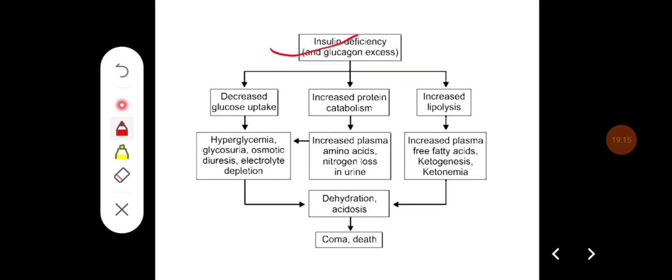In insulin deficiency or in glucagon excess, there will be decreased glucose uptake, which leads to hyperglycemia, glycosuria, osmotic diuresis, and electrolyte depletion. They lead to increased protein catabolism, which increases plasma amino acids, and there will be nitrogen loss in the urine.